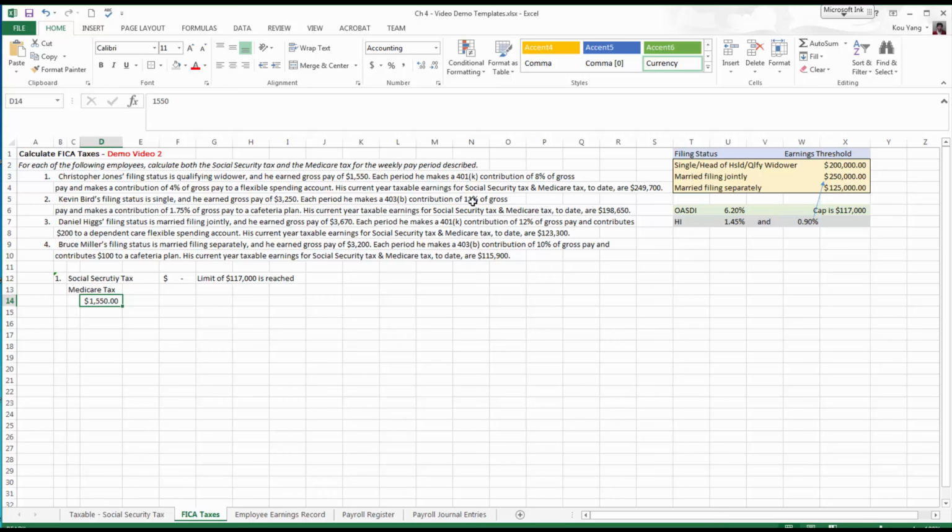He makes a contribution of 4% to a flexible spending account, so I'm going to take that out. I'm going to take $1,550 minus $62 for the flexible spending account, and I'm going to get a total amount of $1,488.